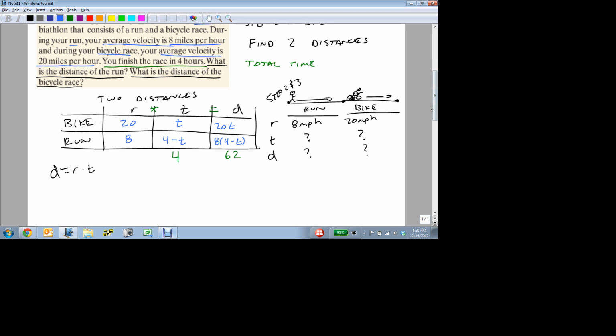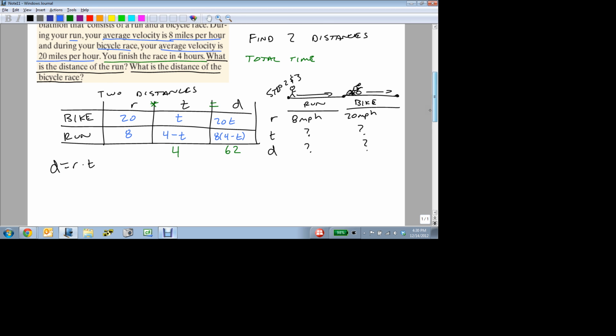Now, adding time together is not going to help us. We used that to separate already. So our equation is going to come from the distances. The distance spent on our bike plus the distance spent running has to equal 62. And now we get to start step 4.